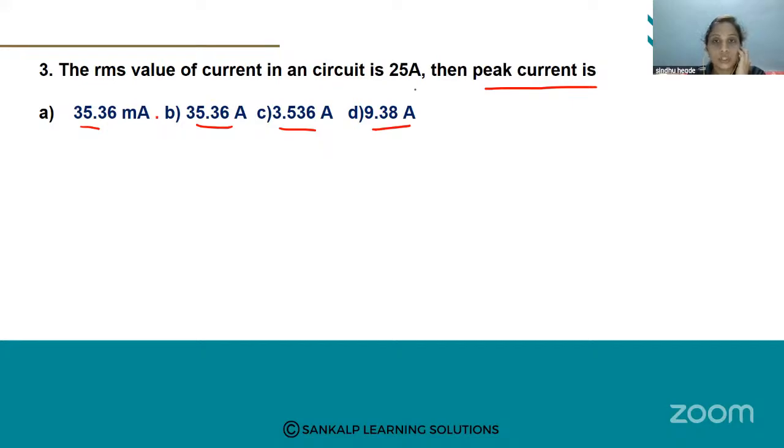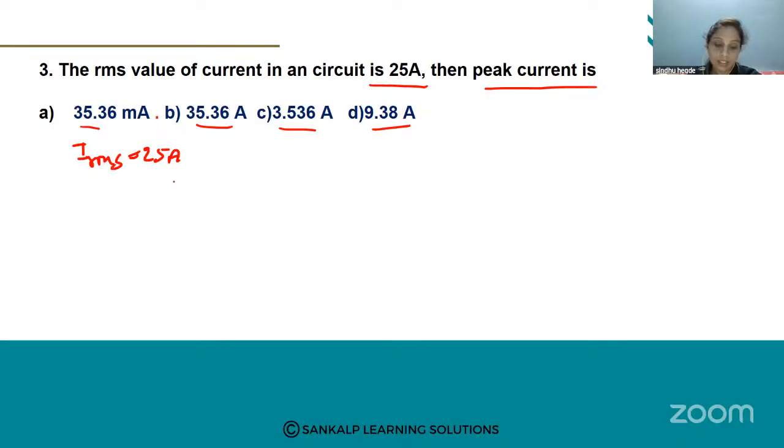Here, the question is related to peak current. What are the given things? The RMS value of current in an AC circuit is 25 ampere, that is IRMS is equal to 25 ampere.